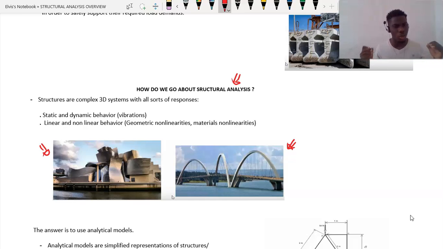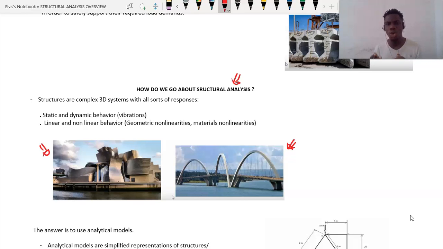These structures can be subjected to vibrations, or to all kinds of geometric nonlinearity or material nonlinearity. Material nonlinearity applies to concrete or steel buildings, because in a structure we have concrete, we have steel, we have all sorts of materials that make up a structure.